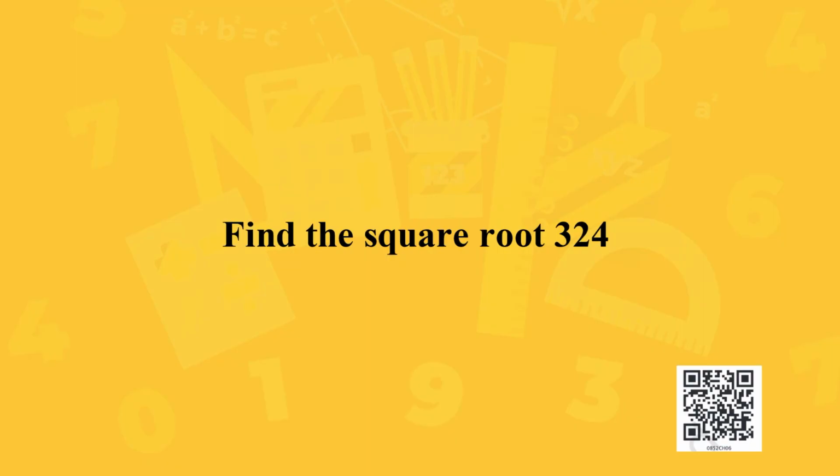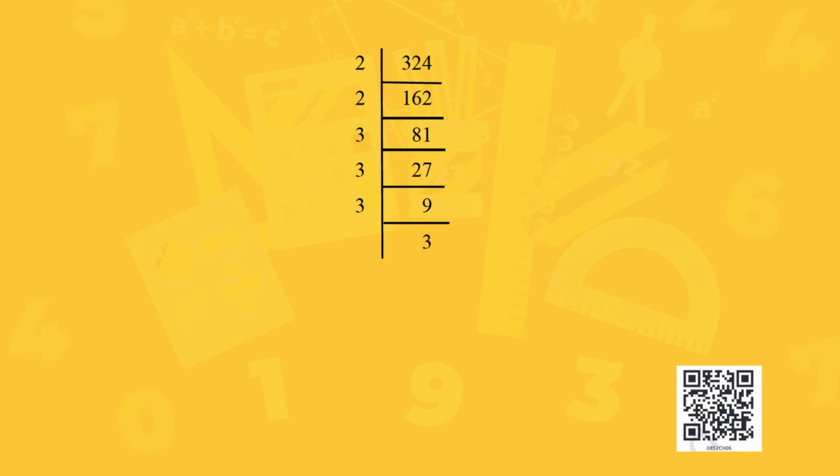Students, to find the square root of 324, firstly we need the prime factorization of 324. So, now let us find the prime factorization of 324. We know that 324 is divisible by 2, 162 times, and now 2 divides 162, 81 times.